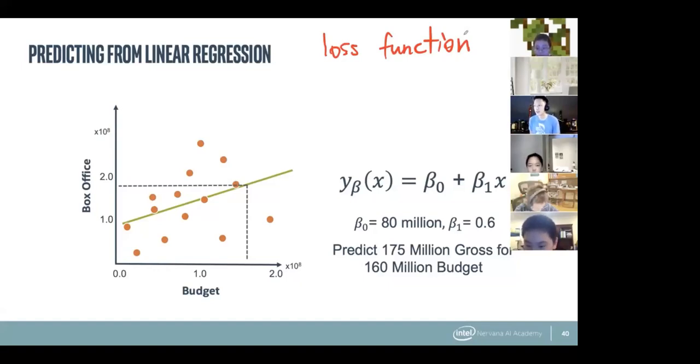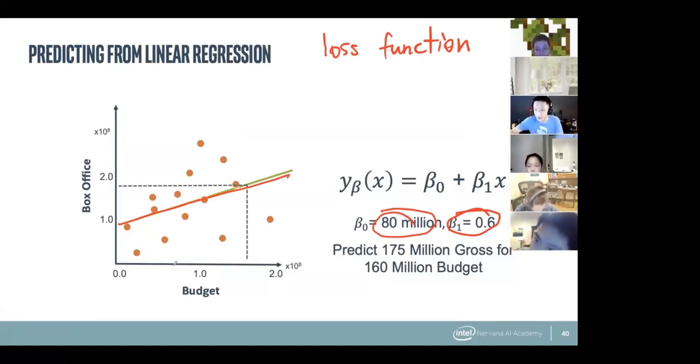So let's say that your model produces this line, right? This is parameterized by 80 million beta 0 and then 0.6 beta 1. Now, this is your model, right? And if you look at the training data, all of these orange points are the training data. You can tell that clearly this model doesn't fit the training data very well, right?